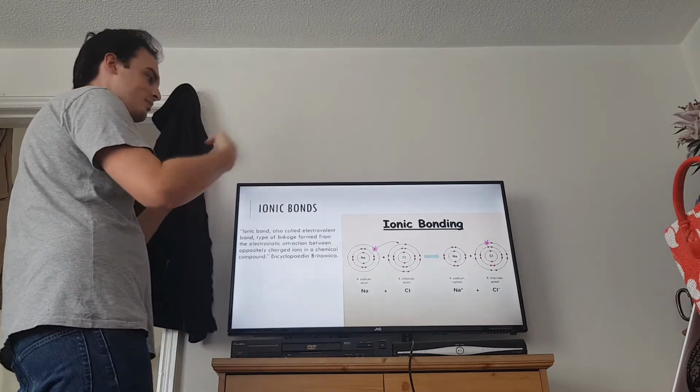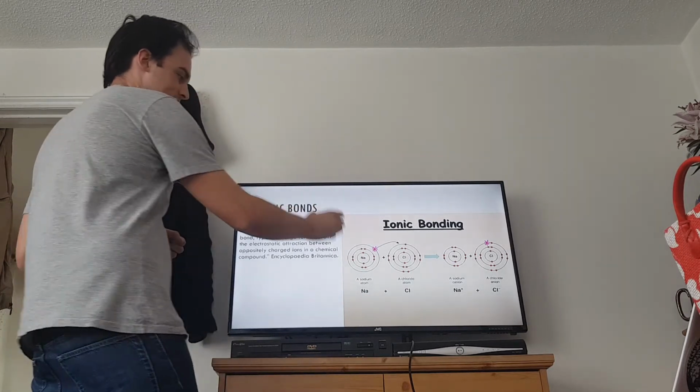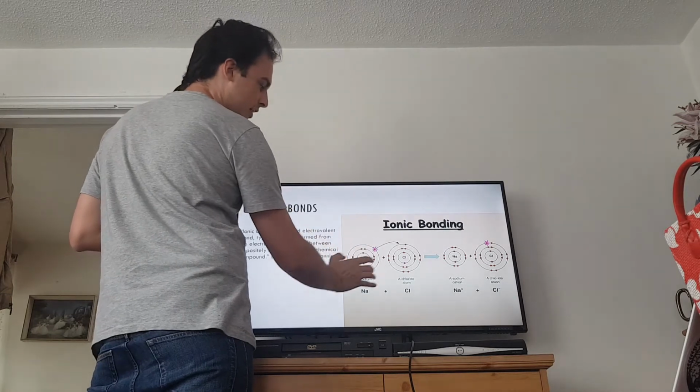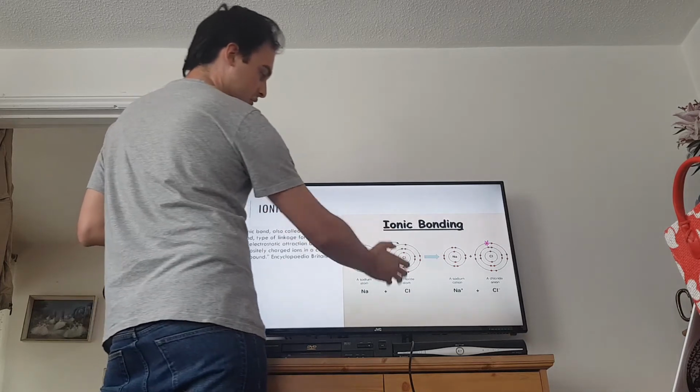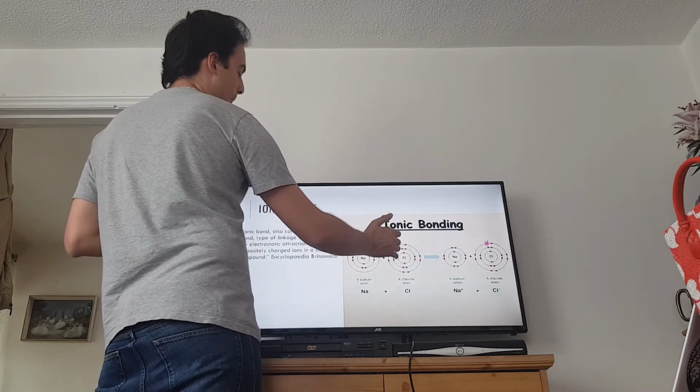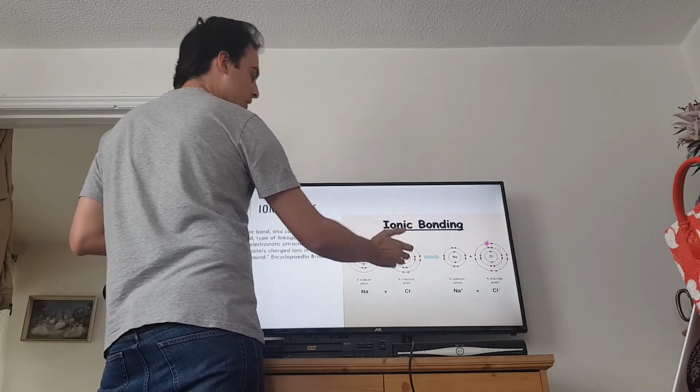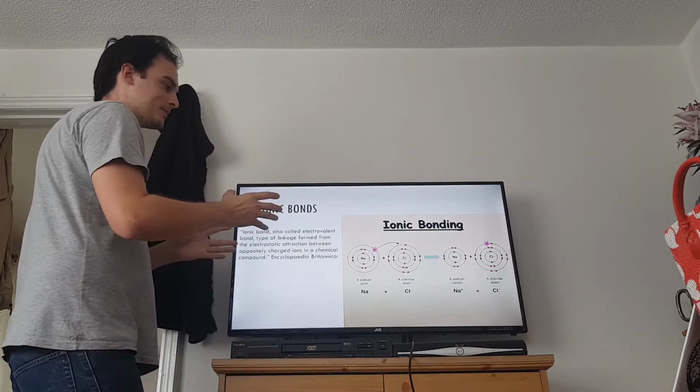That's when these 2 atoms are bonded, and this is an ionic bond, because sodium has this 1 valence electron all by itself in this orbital, and chlorine has all but 1 filled on its outer shell.